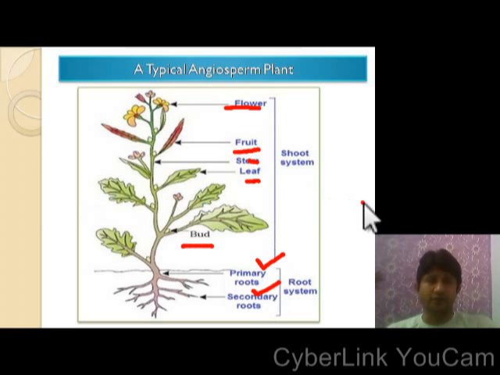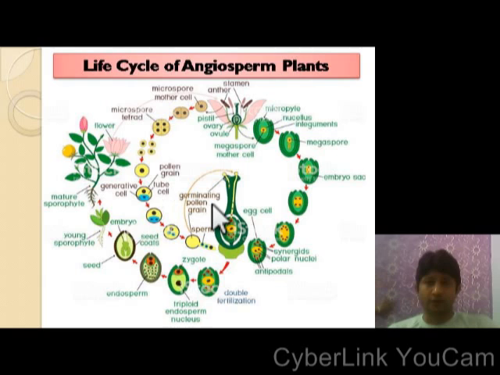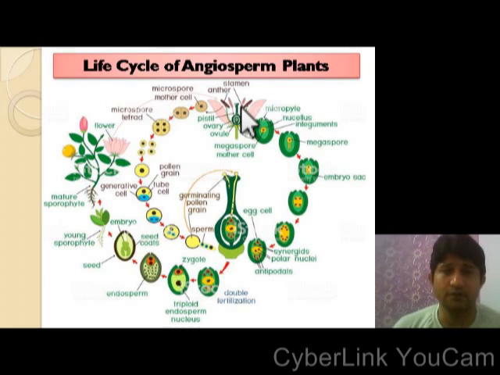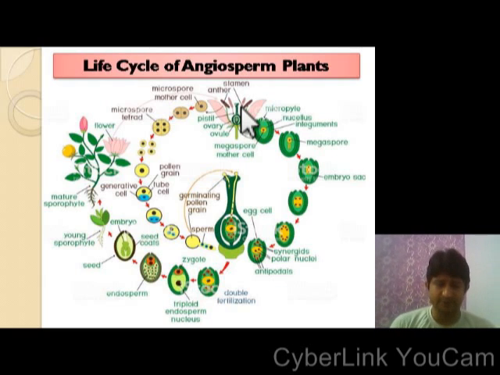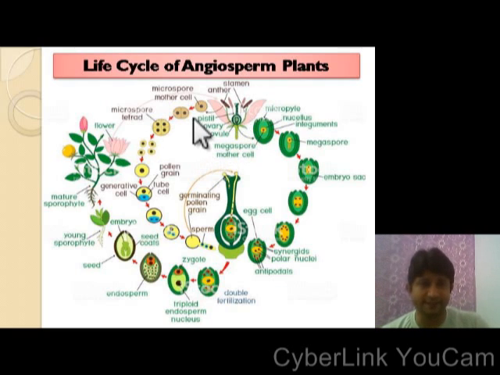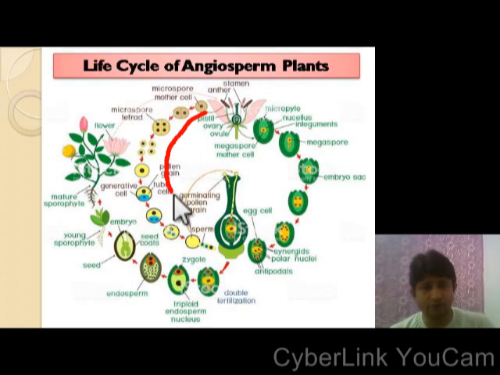In the next diagram, we will briefly describe the life cycle of angiosperm plants. In the life cycle of angiosperm plants, the male and female gametes are produced, and this diagram shows the mechanism of formation of the male gamete.